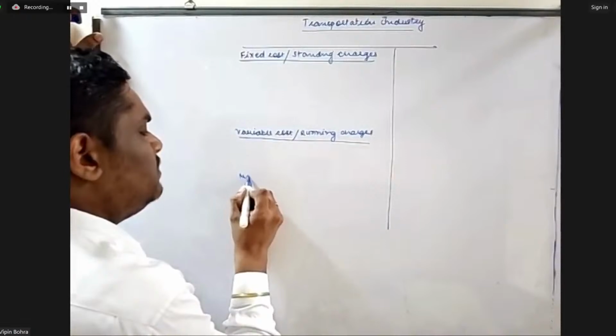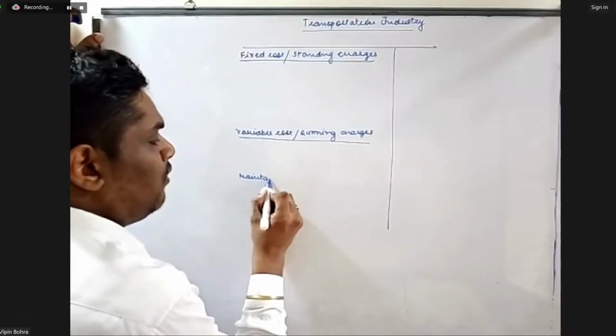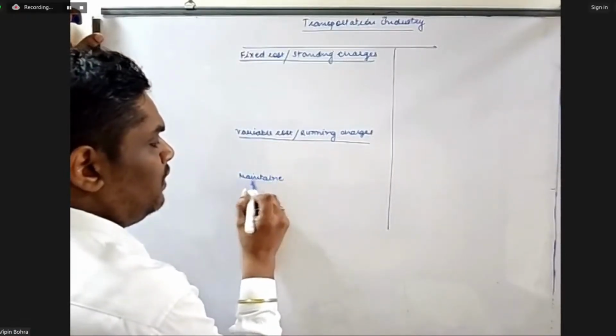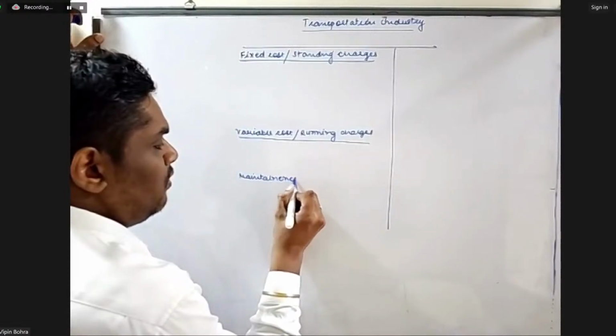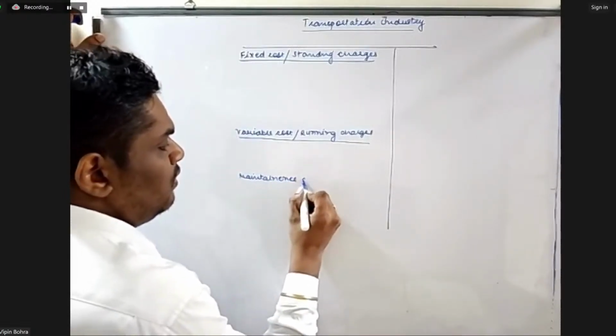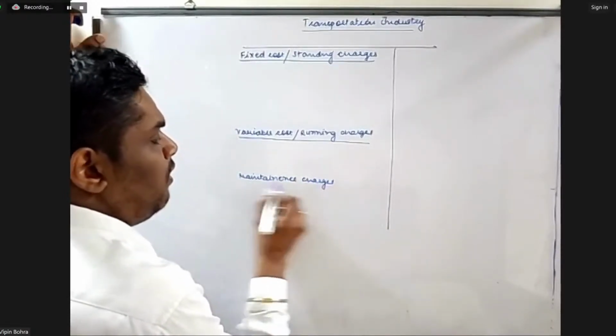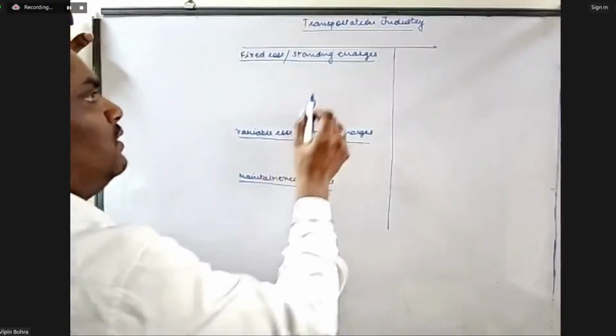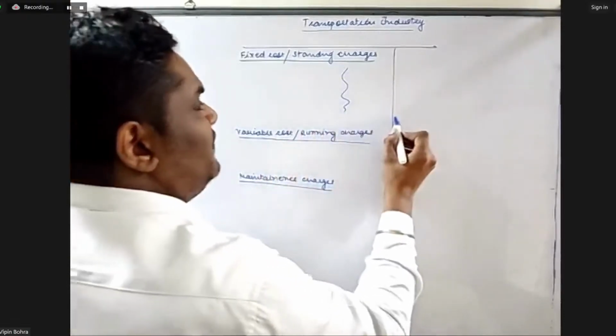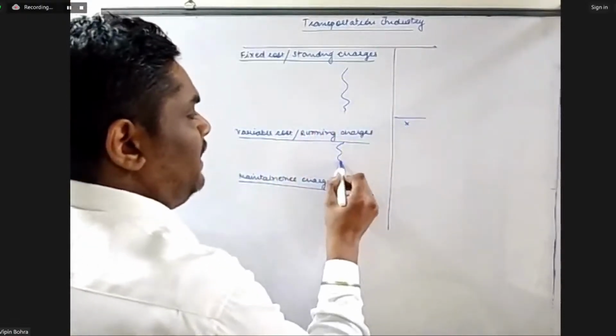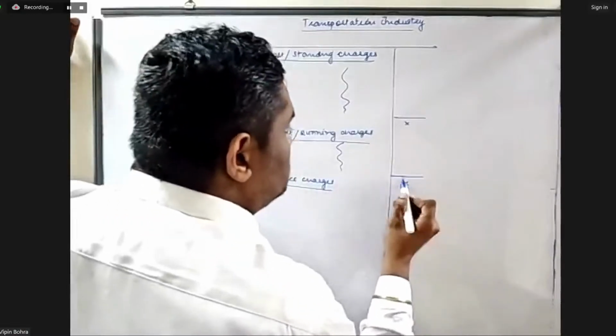And the last one is maintenance charges. So calculate the total fixed cost, calculate the total variable cost.